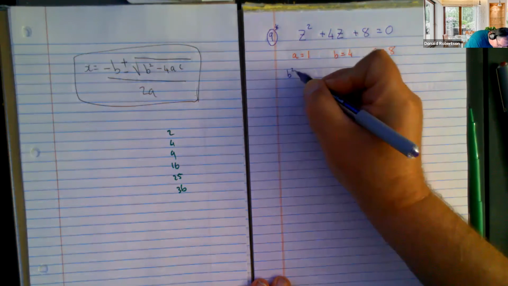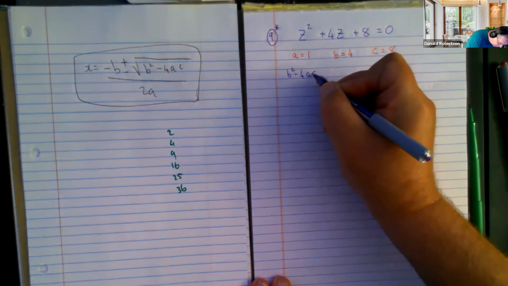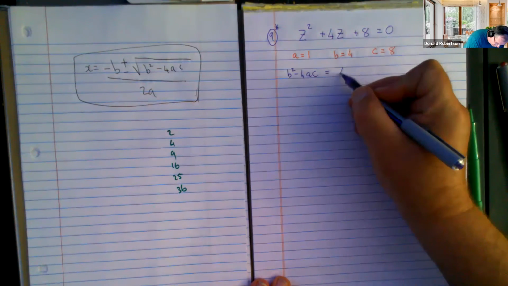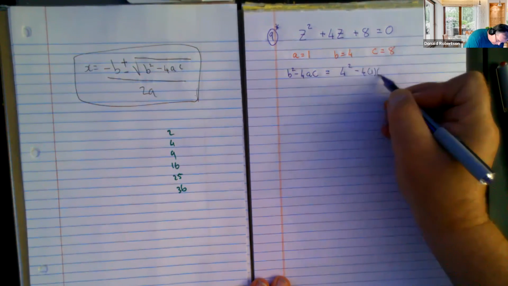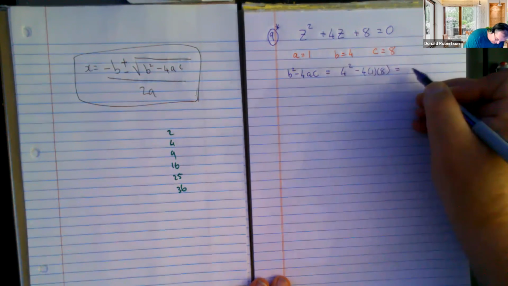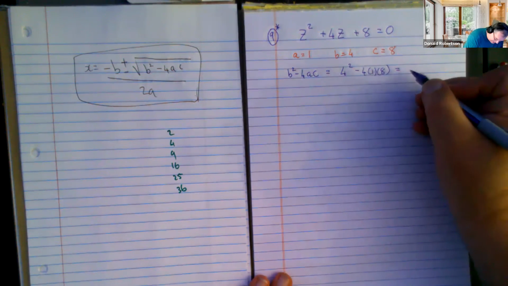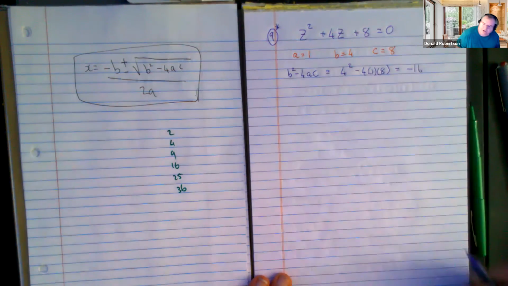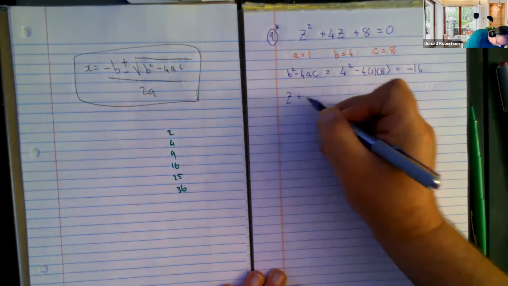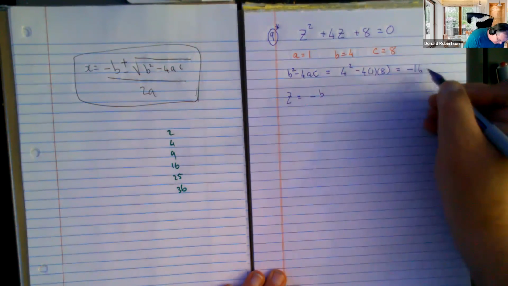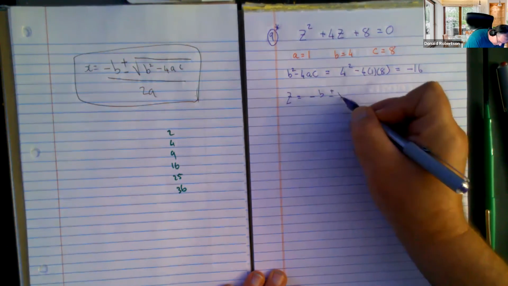Now, if you calculate the B squared, take away 4AC, you're going to have 4 squared, take away 4 times 1 times 8, which ends up being negative 16. So nothing looks different yet, except that negative 16 does look a little bit weird.